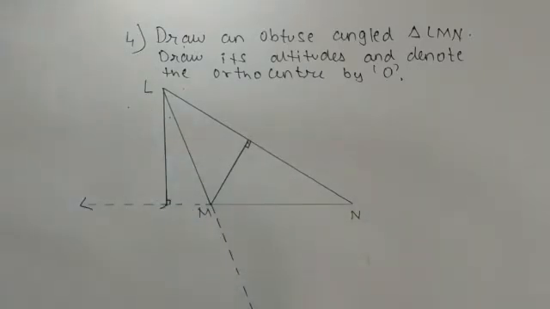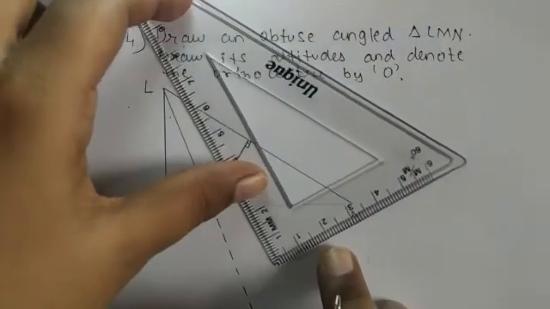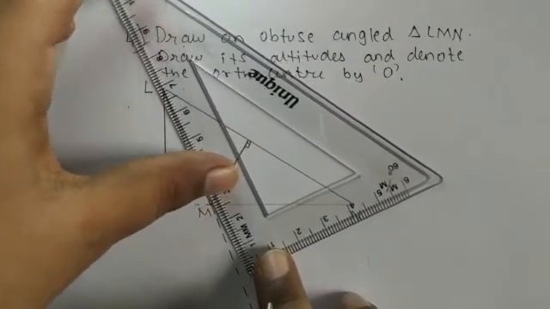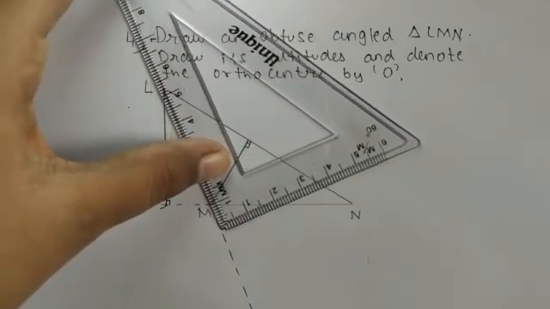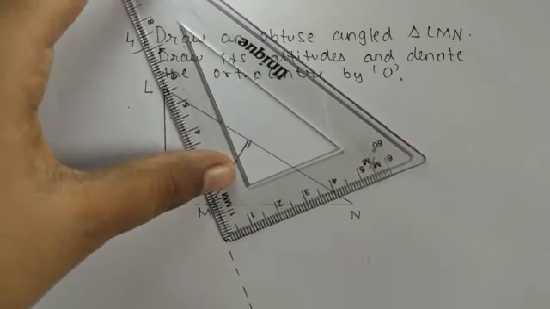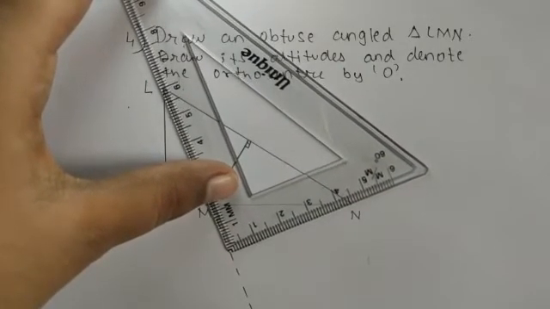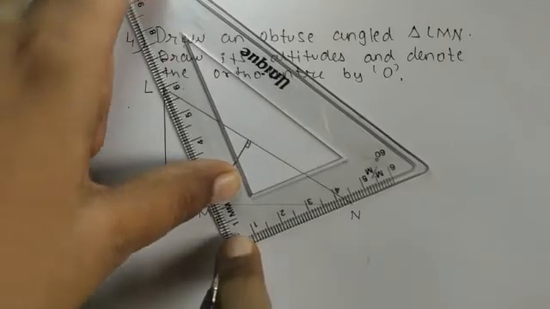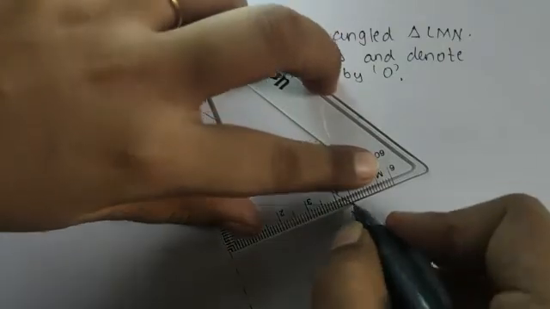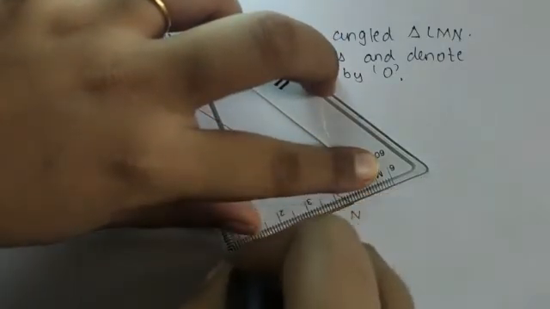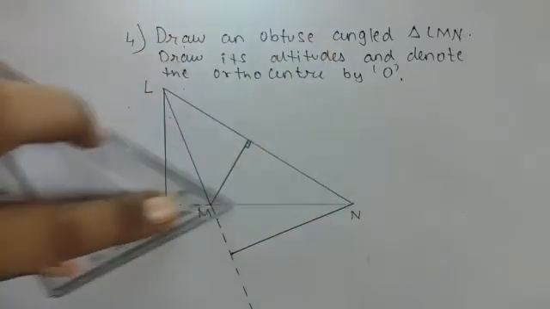So now we will place the set square in this position and we will adjust it until it reaches vertex N. So this way we can adjust it, and now it has reached vertex N. So we can draw a perpendicular line from vertex N to its opposite side LM.